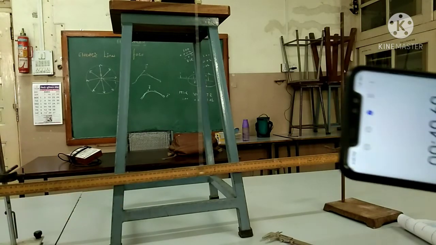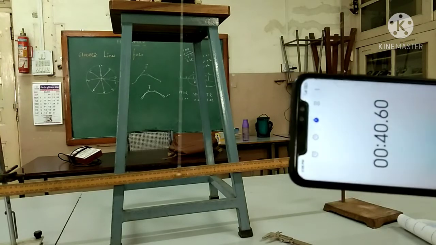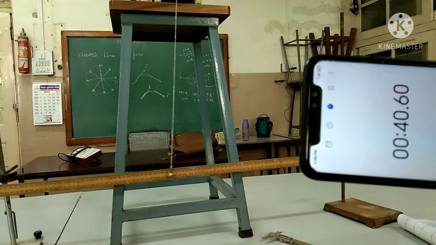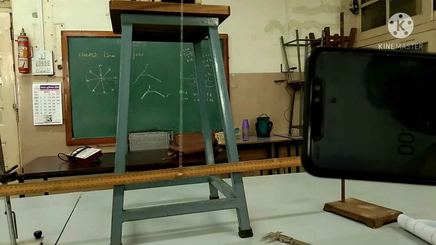See here, for 20 oscillations, here time is 40.6 seconds, that is 40 seconds, right?